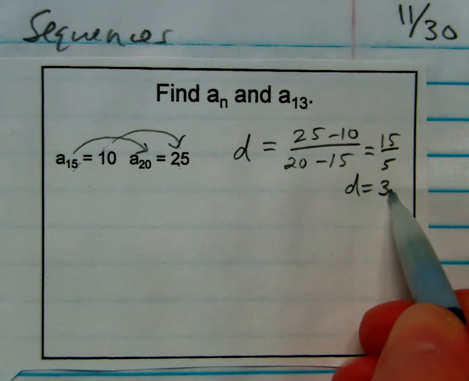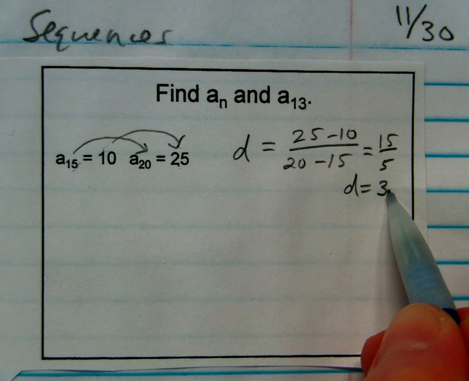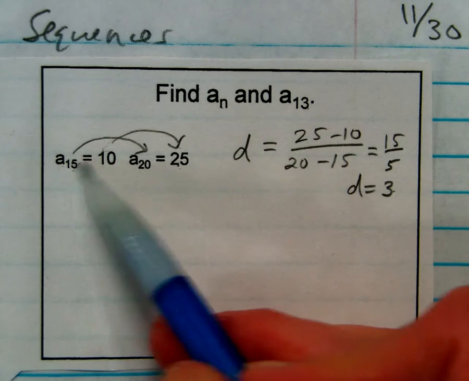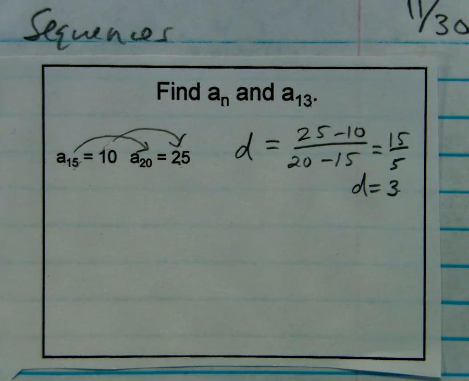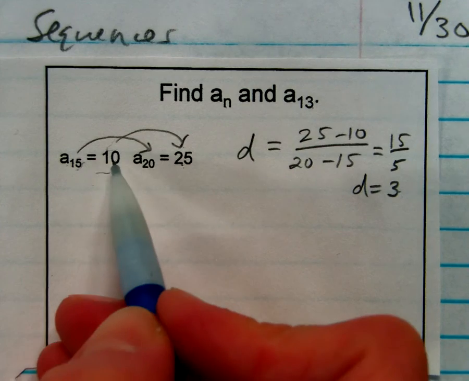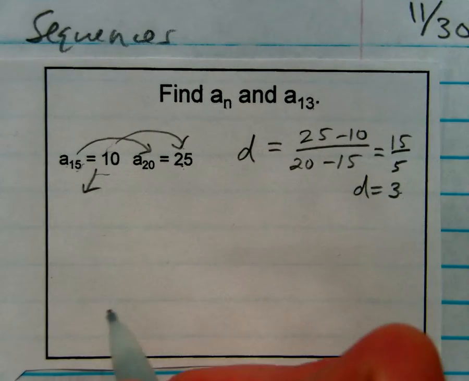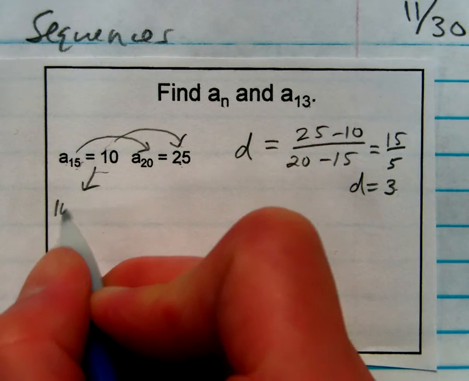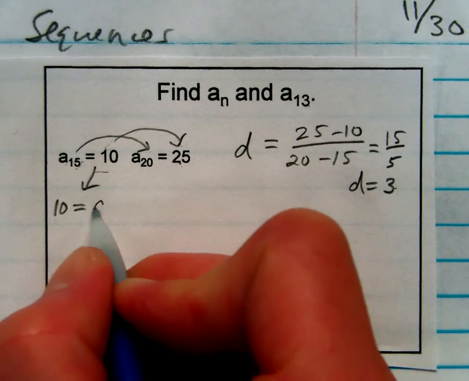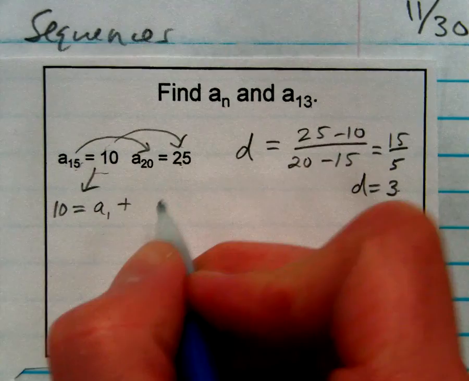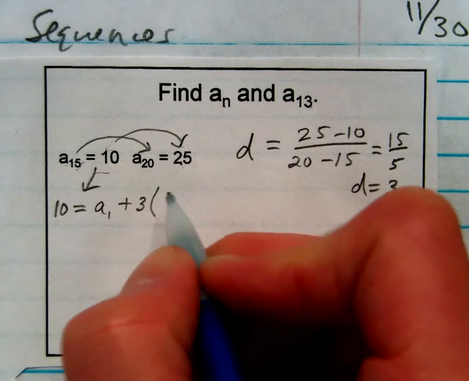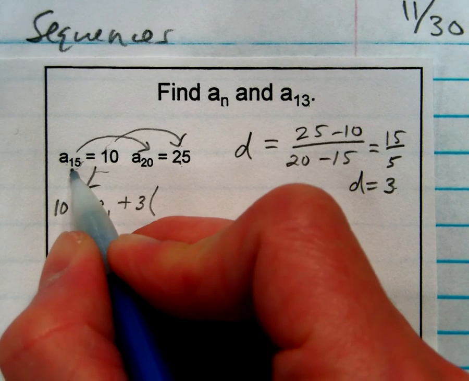So now we have the difference, and we can do what we did on the last example. We just have two different terms to pick from. We can use whichever one we want. So how about we just use the first one? So we're going to take this information down and find what the first term is. So we'll put in 10 equals A1 plus the difference, which is 3. And then the n is what term that we're on.